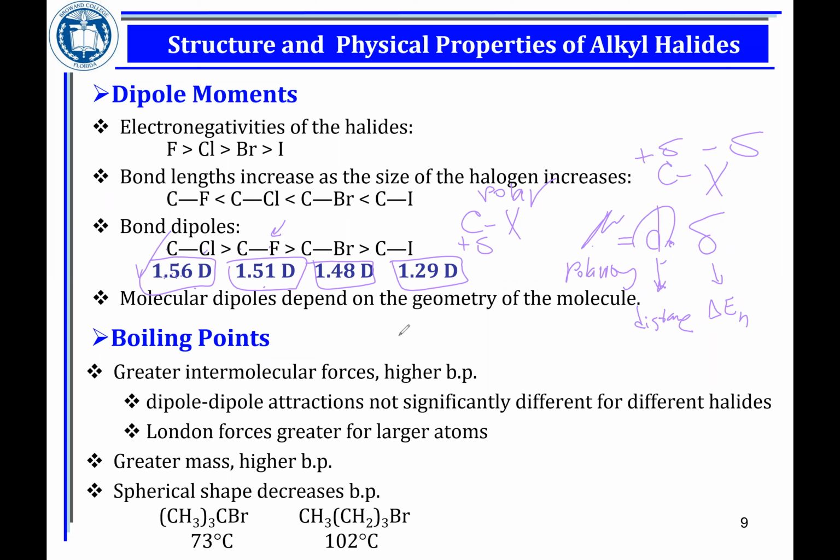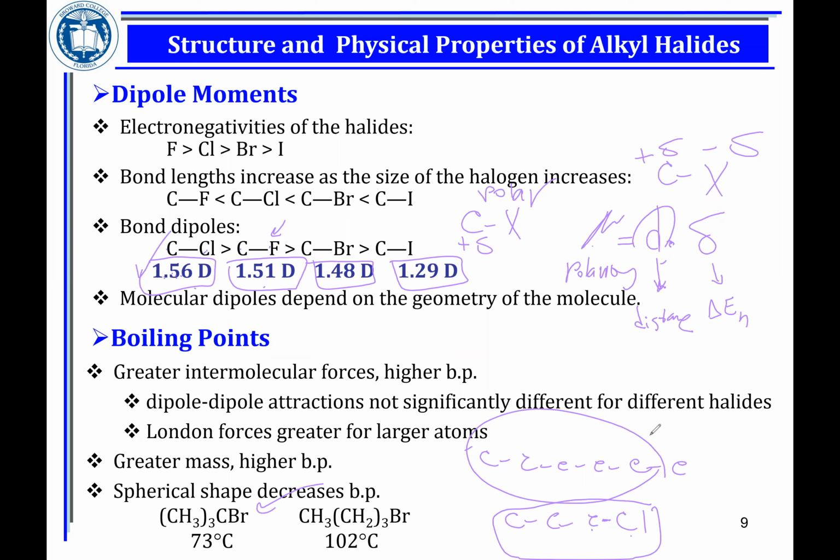If you compare an alkyl halide to an alkane, like a 5 or 6 carbon alkane, the molar mass can be comparable to an alkyl halide, but the polarity between the carbon and Cl is going to give different intermolecular forces.